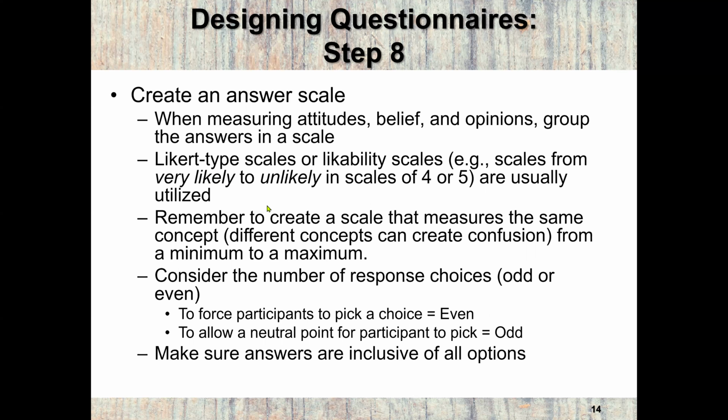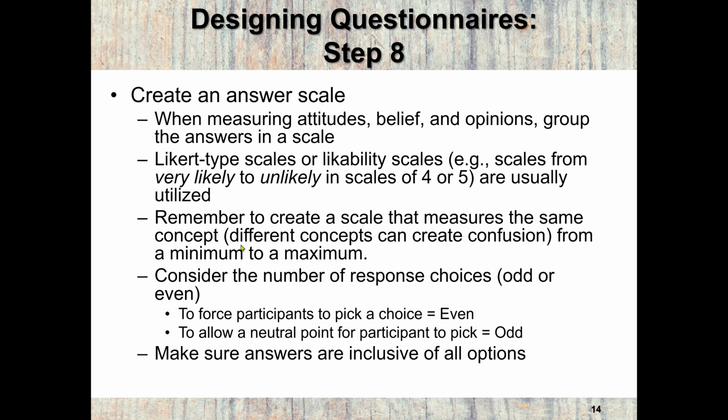For example, scales from very likely to unlikely in scales of 4 or 5 are usually utilized. Also, we should remember to create a scale that measures the same concept, because different concepts can create confusion, from a minimum to a maximum.